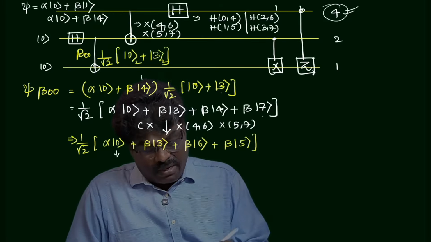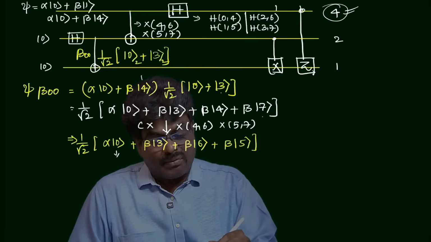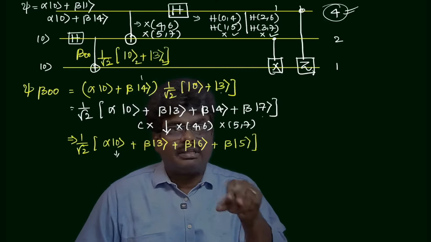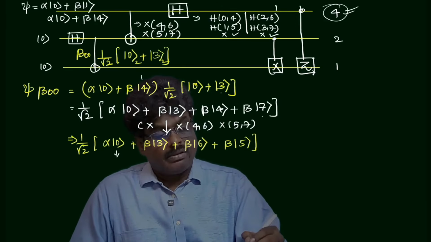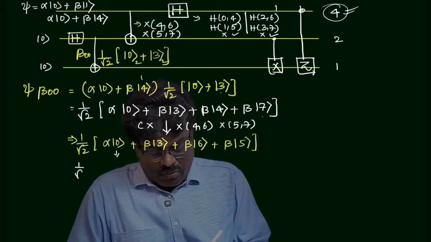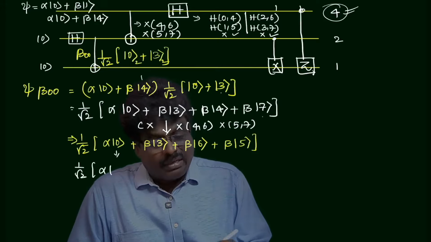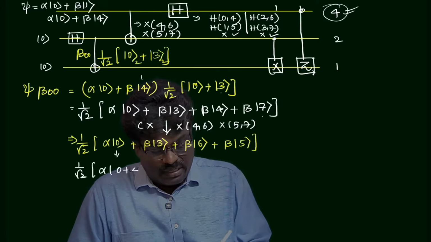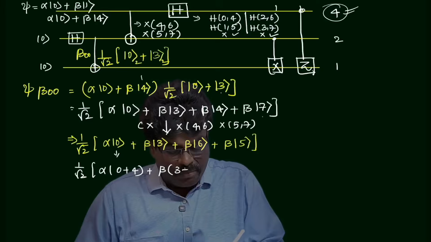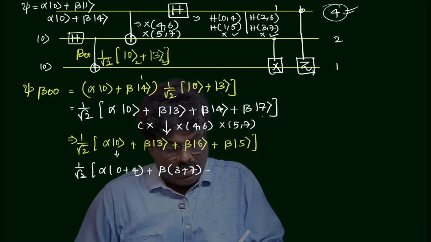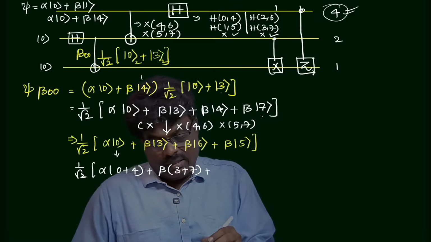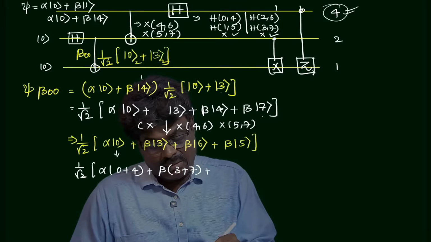So this 0 becomes a linear combination of 0 and 4, off and on. This complete notation I have explained in the circuits. So this is 1 over root 2 alpha 0, that is the off state, that's why 0 plus 4. So beta 3 is off, that's why 3 plus 7, and plus, oh I think I made a mistake here.